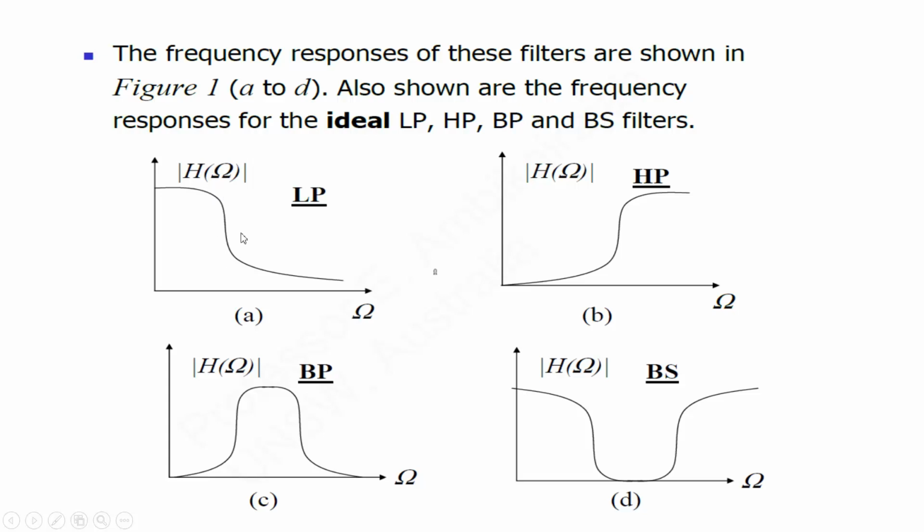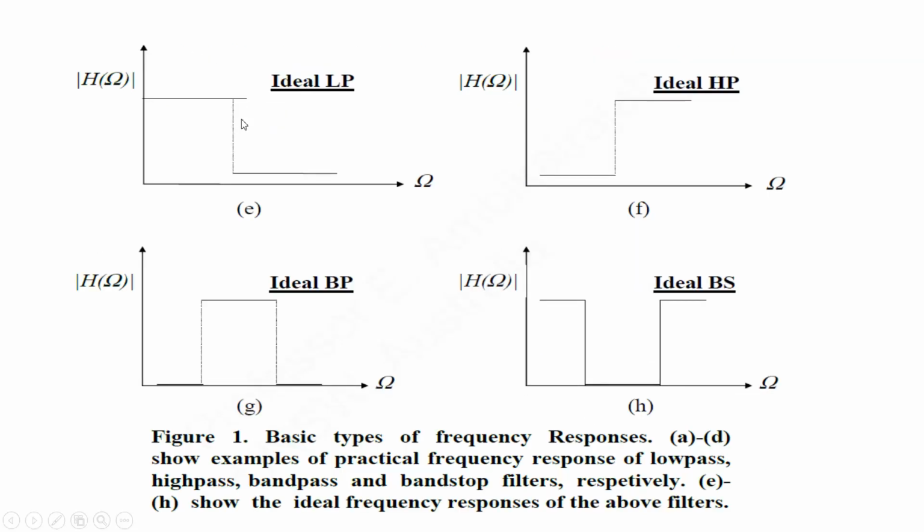It takes a roll off and then goes to the stop band. But in the ideal case, after the pass band, immediately you get the stop band. The pass band is up till here, and beyond this is the stop band.